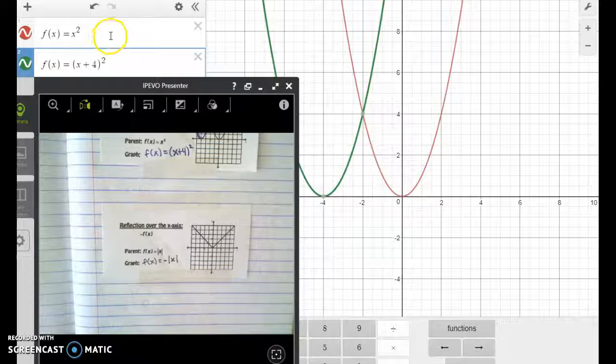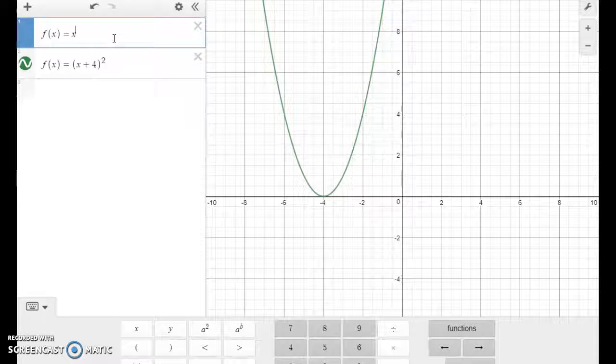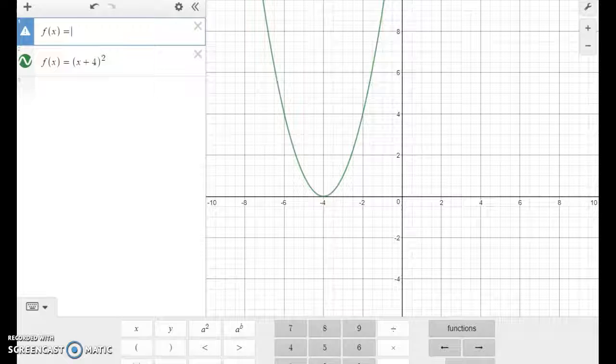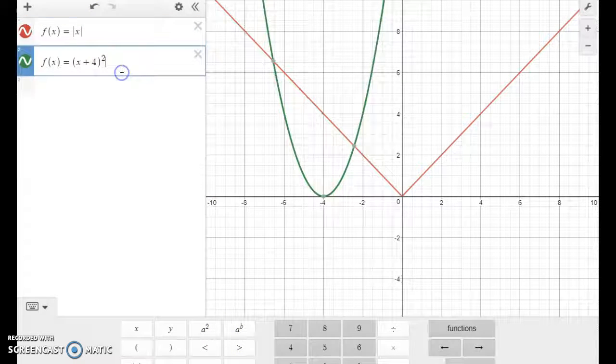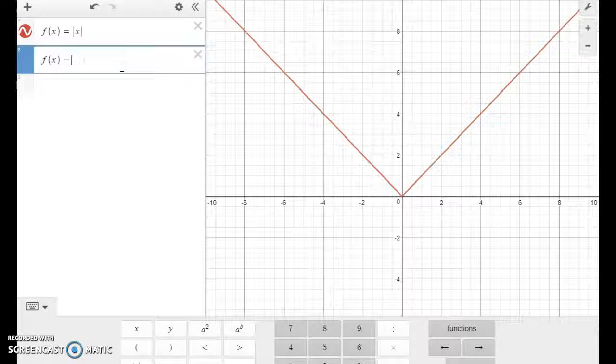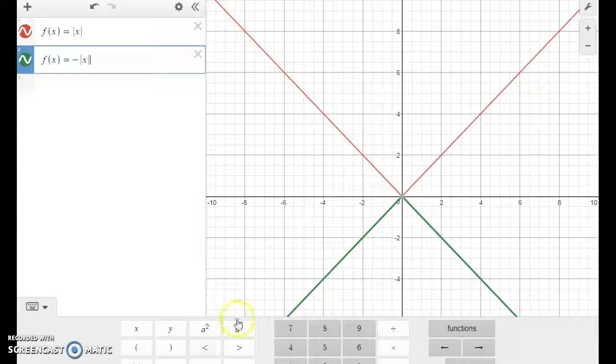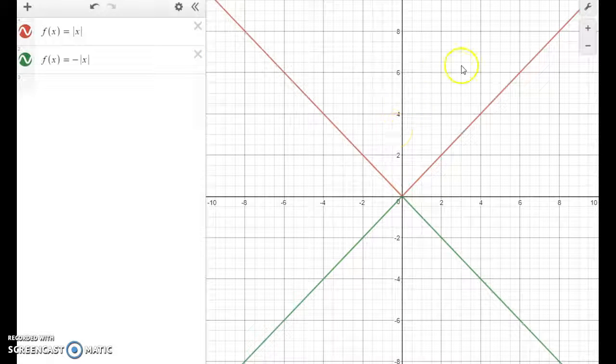So I'm going to go to my graph. I'm going to type in absolute value again, x. There's the absolute value of x. For my second one, I'm going to do the opposite of the absolute value of x. So take a look at what happened. This one essentially just flips from the red, just flips over on top of the green.